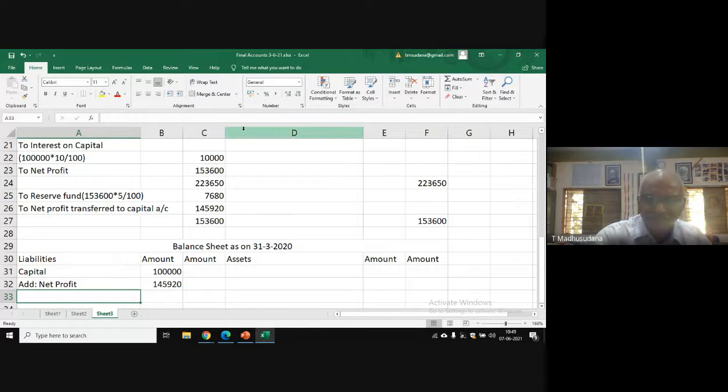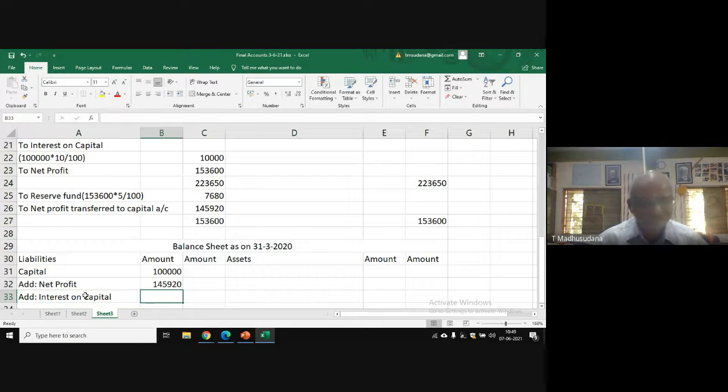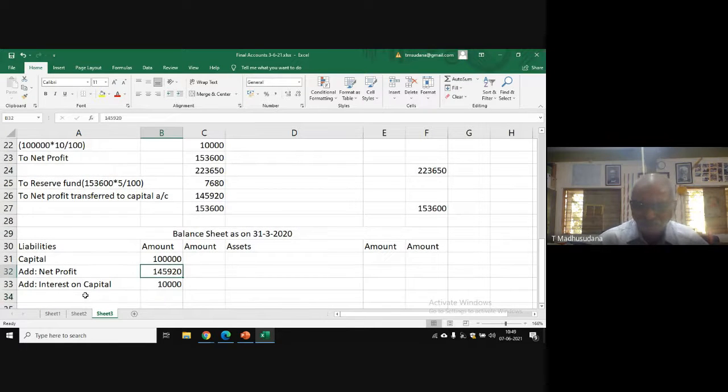Interest on capital, this 10,000 rupees here we have debited now. So this 10,000 rupees also is to be added to the capital, interest on capital. Add interest on capital. It is 10,000 rupees. Okay. If we club these three together, how much? 2,55,920.